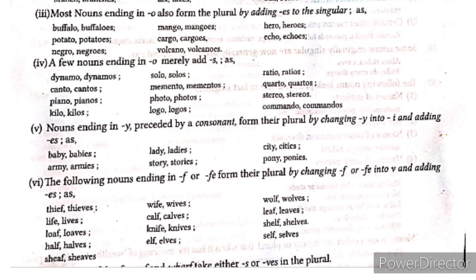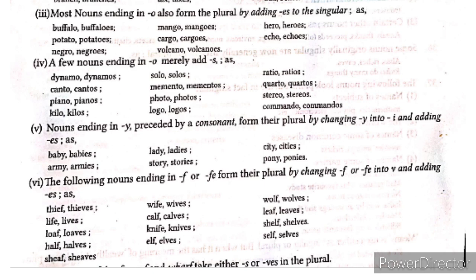Now, the following nouns ending in f or fe. The nouns which are ending with f or fe form their plural by changing f or fe into v and adding es. For example, what do we do? The nouns which are ending with f or fe, how do we form the plural?